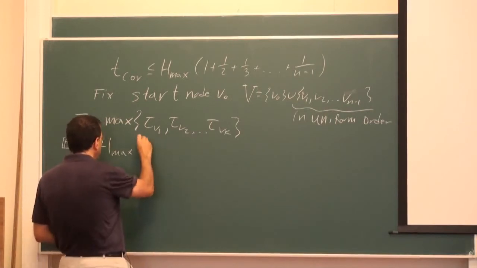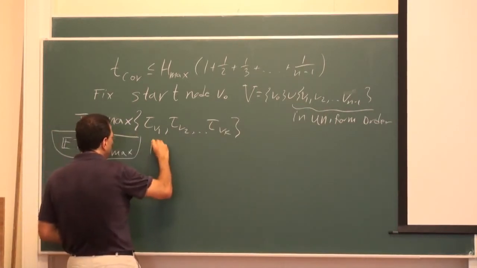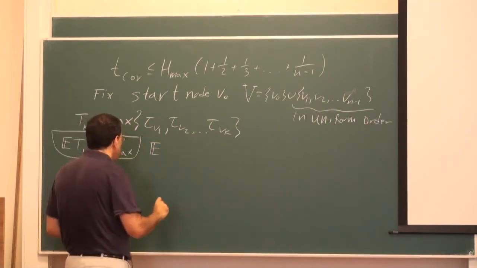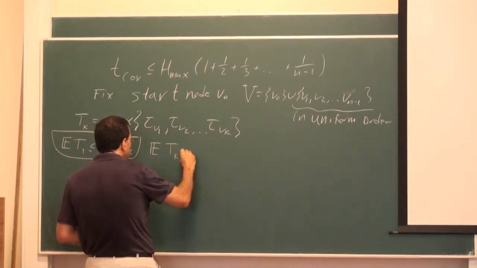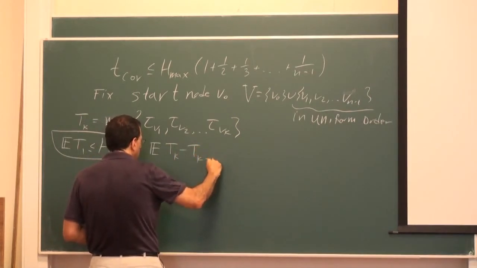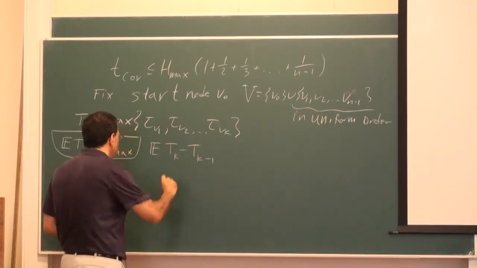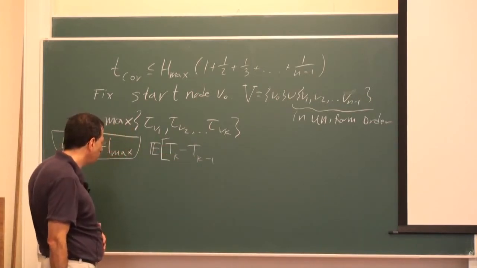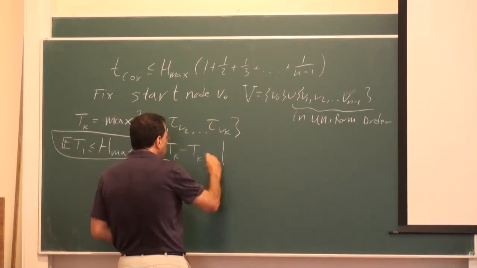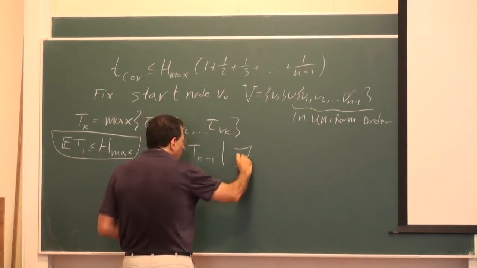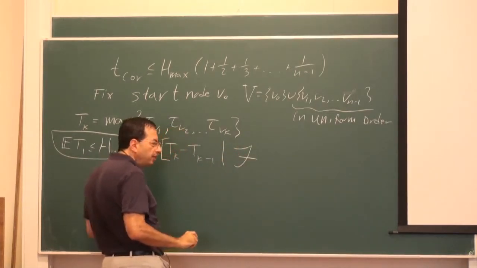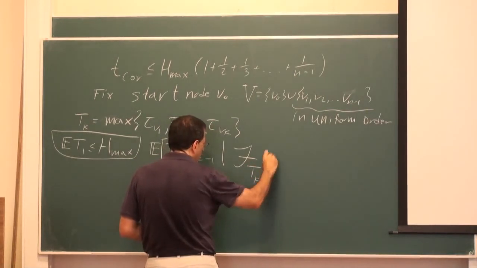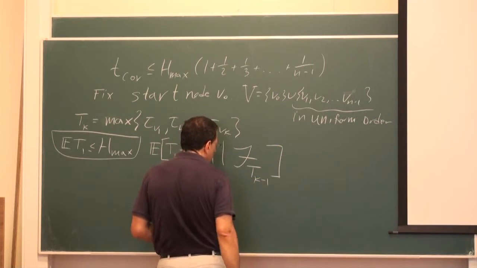Okay, now let's try to bound a typical increment. So the expectation of T_k minus T_{k-1}. But let's first do that conditional on the sigma field of everything that's happened until time T_{k-1}.